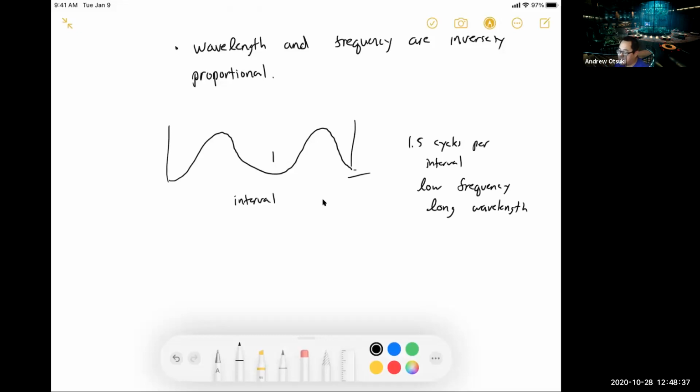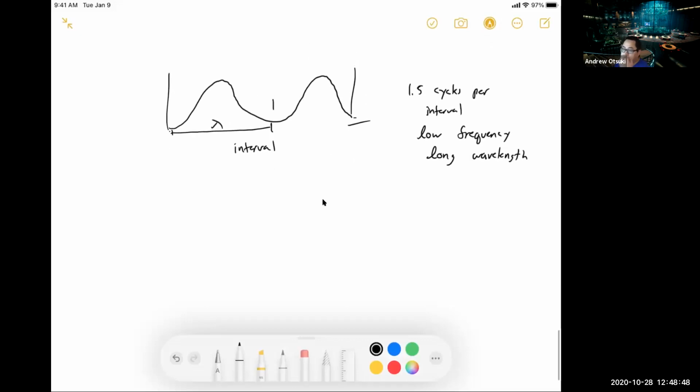So the wavelength will be here. If I start from here to here, that is my wavelength. To figure out the frequency, you count the number of wavelengths per interval. In this case, it's about 1.5 cycles.